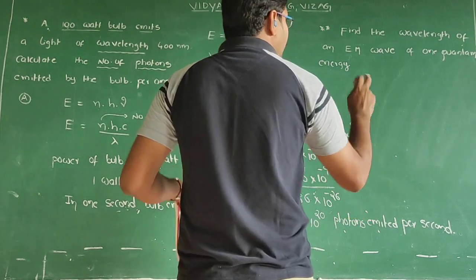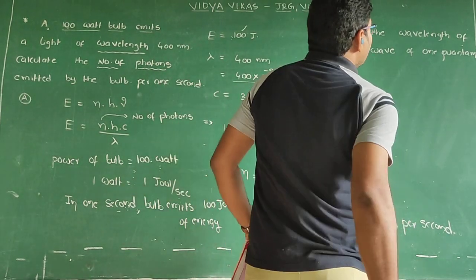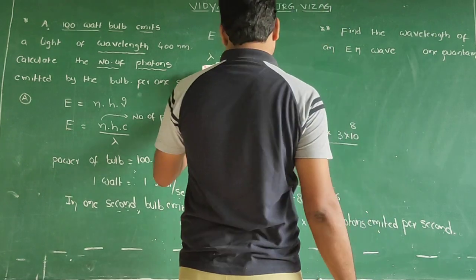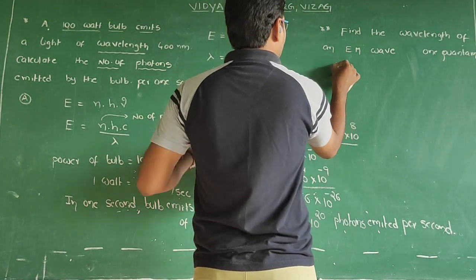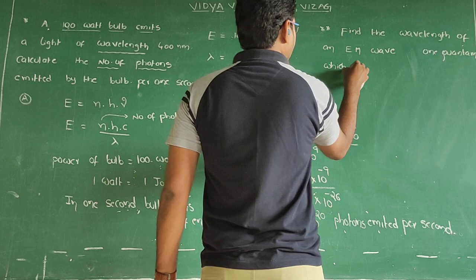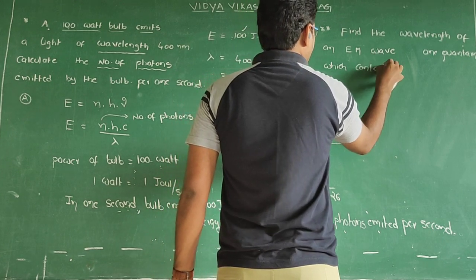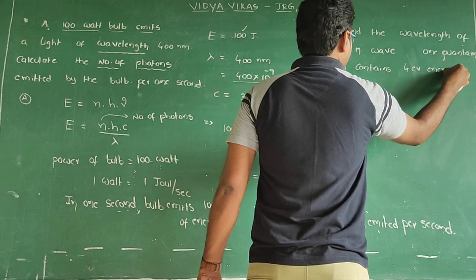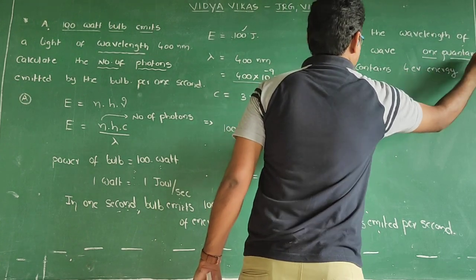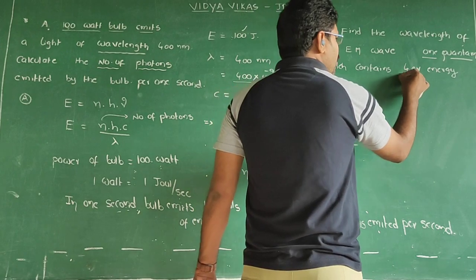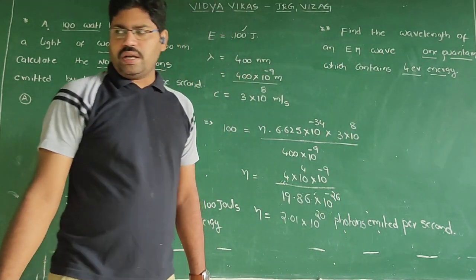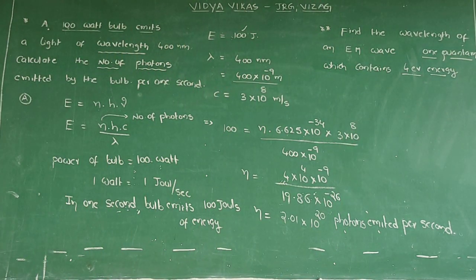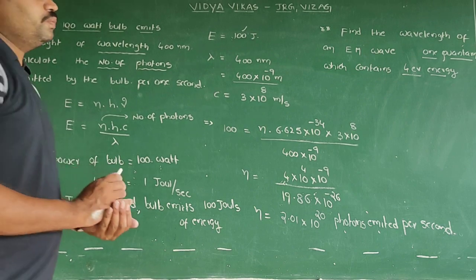Wait, not one quantum energy. A wave of one quantum, which contains, dear students, 4 electron volts energy. Wave of one quantum, that's it. And each quantum has energy 4 electron volts. That's the thing going on here. Okay now, what he is asking us, dear students, is simply the wavelength of that electromagnetic wave.